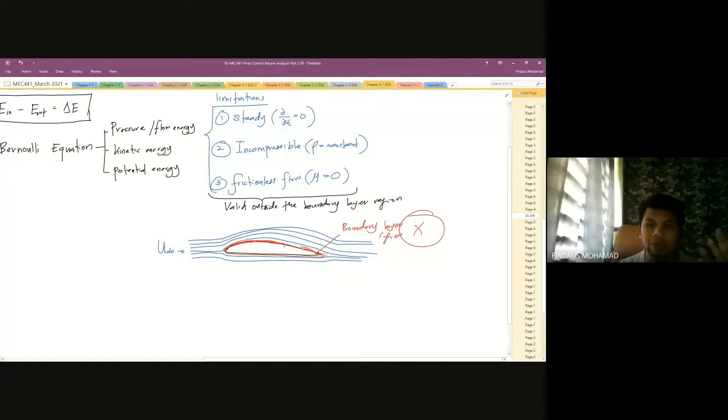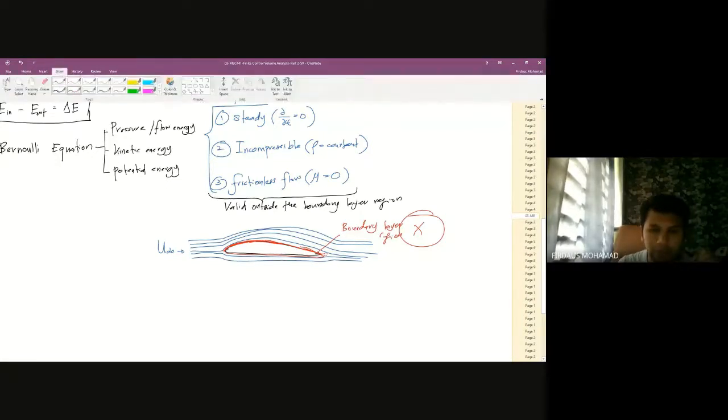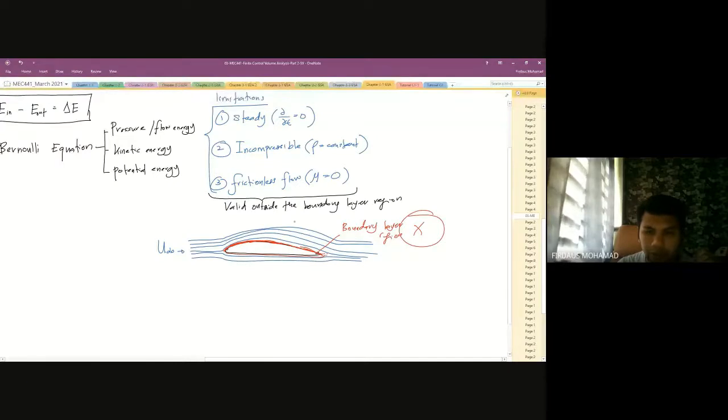So that's why within this boundary layer region, this Bernoulli equation is not valid. So you can remember, this is a simple example to illustrate the limitation of the Bernoulli equation. So in that case, for this streamline, okay, this is the streamline.